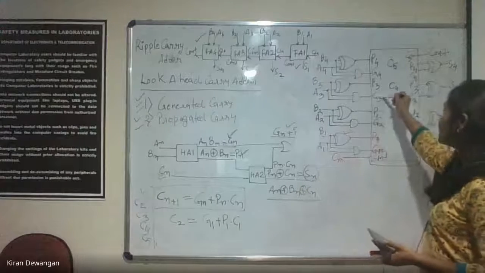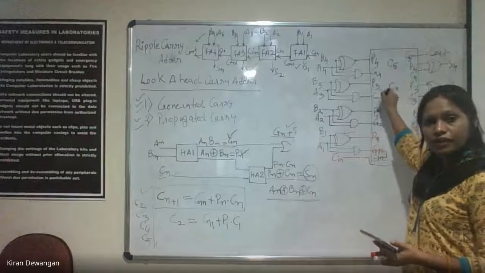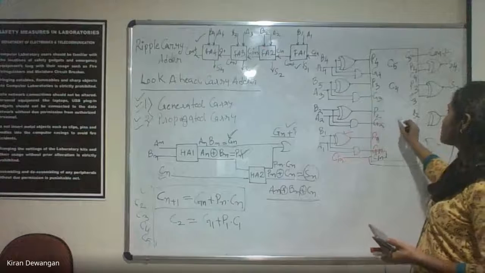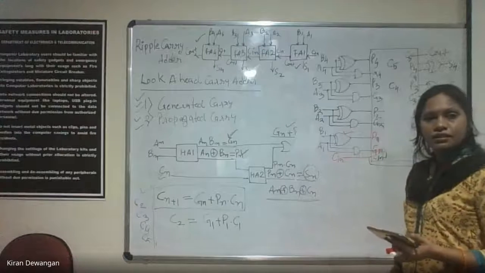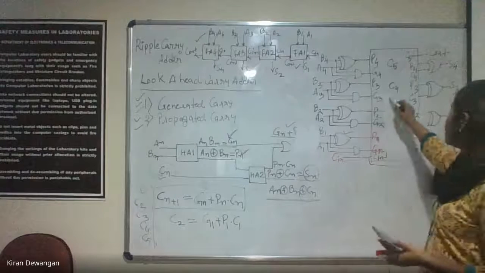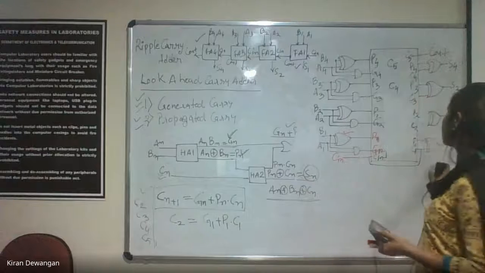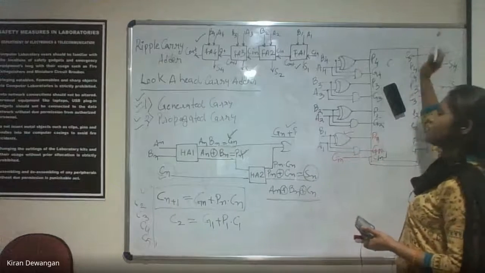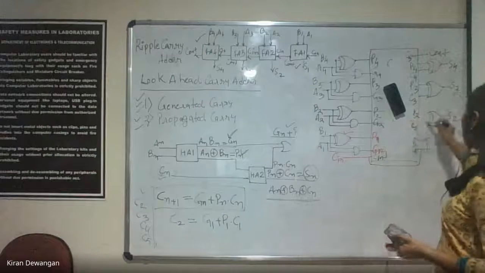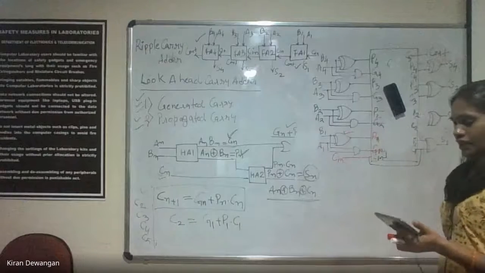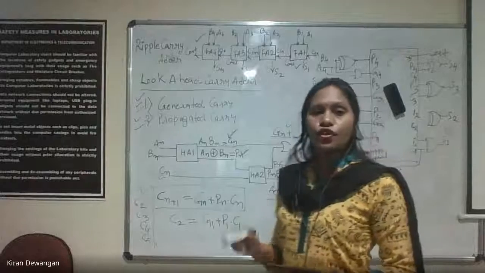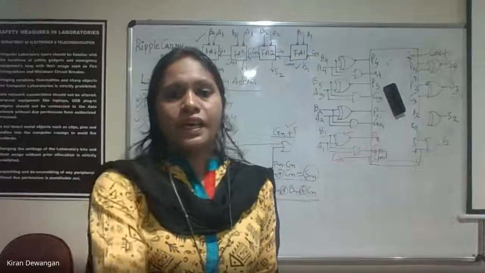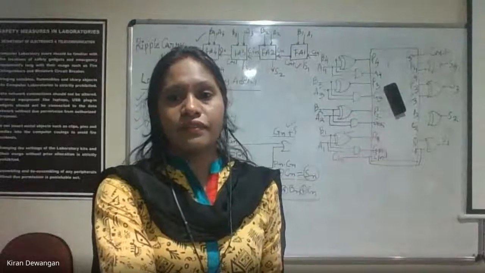So G3 and P3 are already available. These two are available. From C2 calculation, we'll take C3. We'll take C2 and C3 is calculated. Similarly, C4 is calculated and C5 is calculated. And accordingly, we'll get S2, S3, S4 values. And finally, we'll be getting our C5.